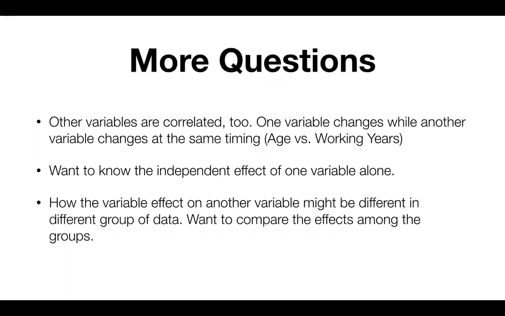Maybe total working years might not matter in HR or R&D, but might matter in sales. There might be a different effect in different groups. Those are the questions we want to look at more deeply.